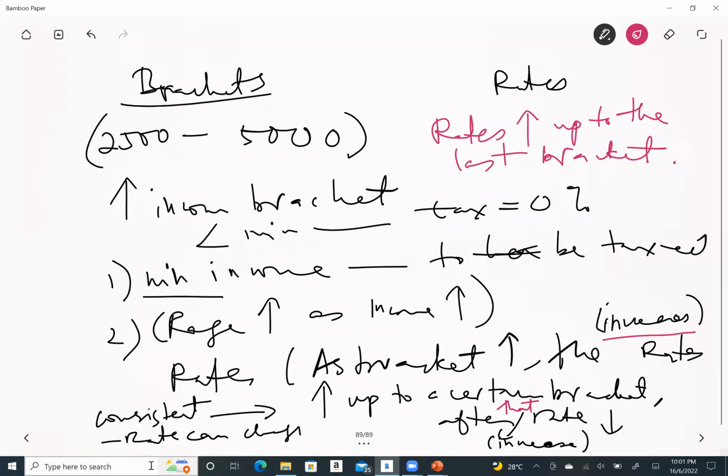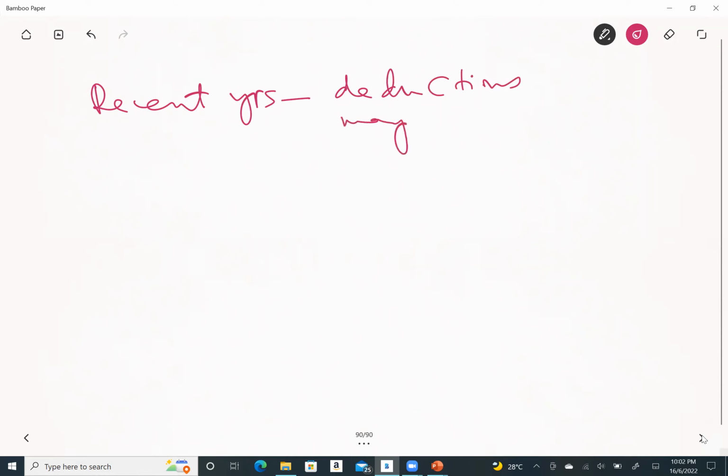If you look at recent years, if you have time after this, look at the recent years. Some deductions may change depending on the government. You may have new deductions, and then current deductions taken out, things like that.